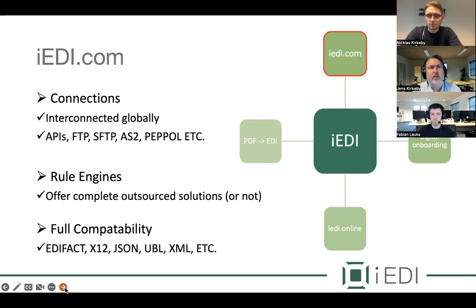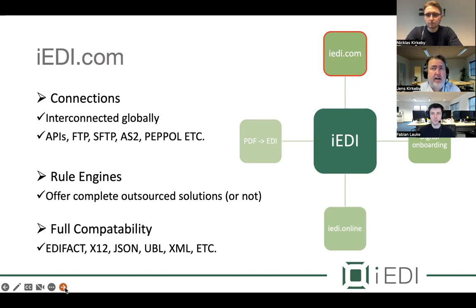Typically, a setup is provided by only producing a specific format between the ERP system and the EDI system. For instance, you have one format for orders, one format for invoices, one format for dispatch advices, and you only use that format for importing and exporting into your ERP.